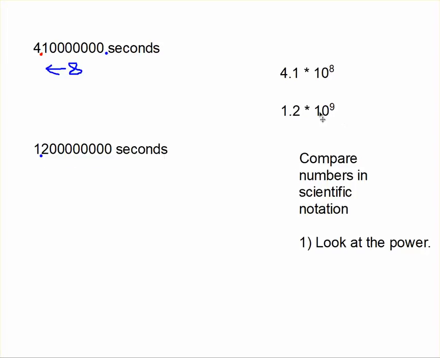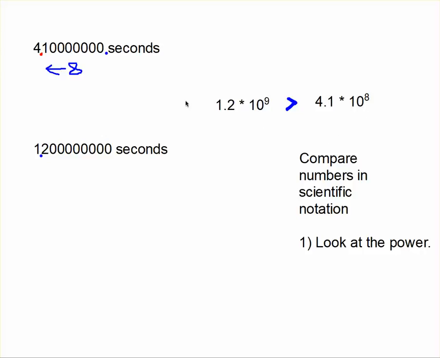So we would say 1.2 times 10 to the 9th is greater than 4.1 times 10 to the 8th. And the reason why is because 10 to the 9th is a higher power than 10 to the 8th. Even though the factor with 10 to the 9th here is 1.2 and this is 4.1, you've got to look at the power. The whole number is bigger because the power of 10 is greater in this number than in that number.